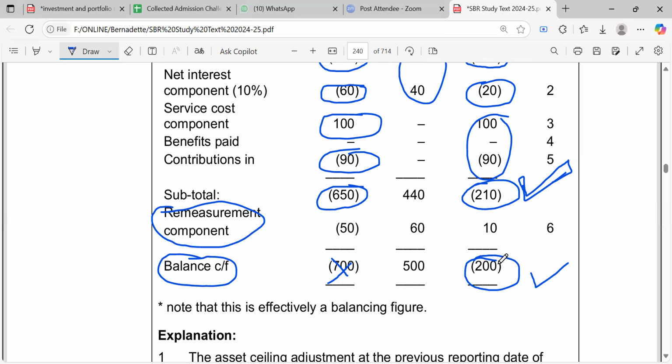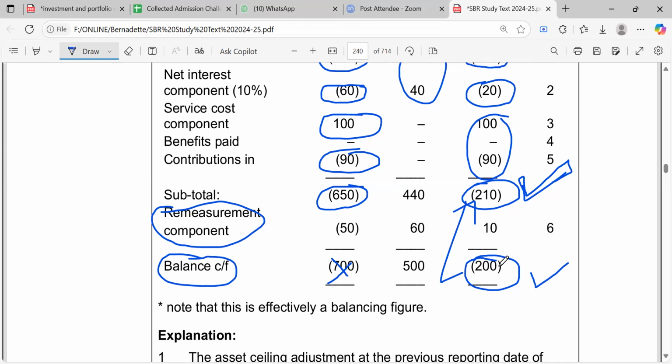You look at what are these ones. Or simply you can just say the final figure minus the previous figure. You can do it, it will be easier this way, right? Take the final figure minus the previous figure. This is 200, but remember it is negative, right?